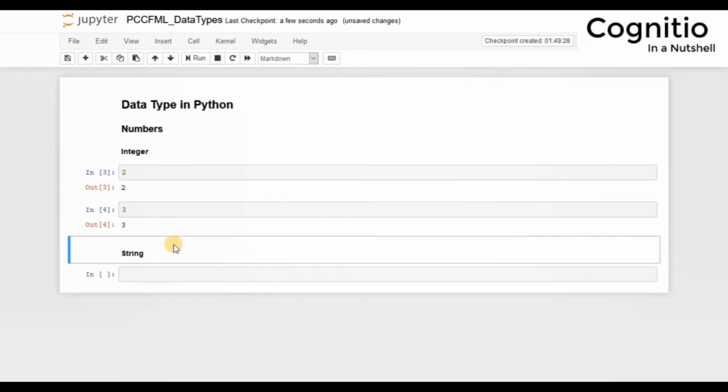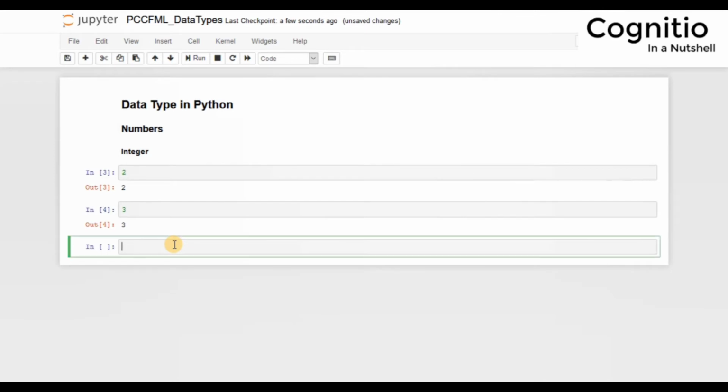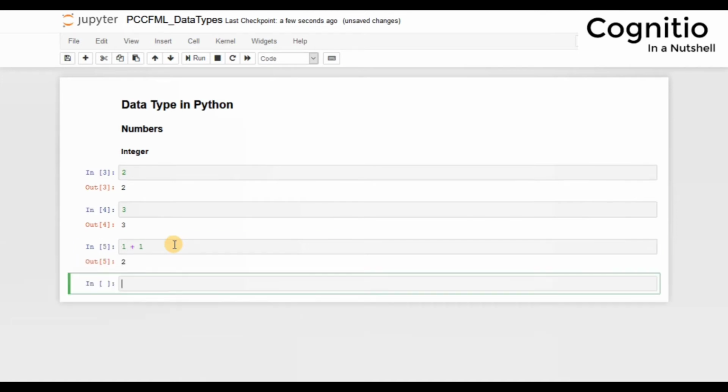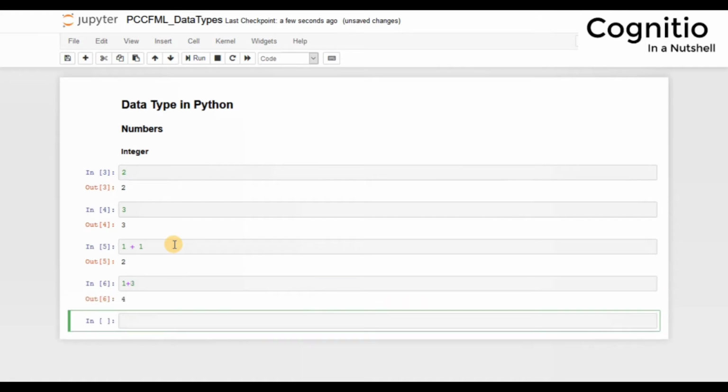For now I'll delete this and go on. We'll write it later. You can do arithmetic operations on numbers as well, as we all know. 1 plus 1 is 2. 1 plus 3 is 4.